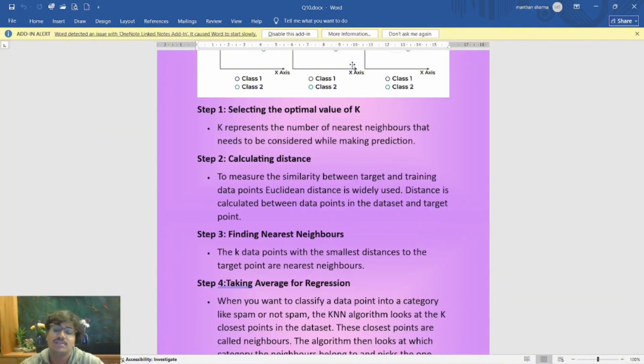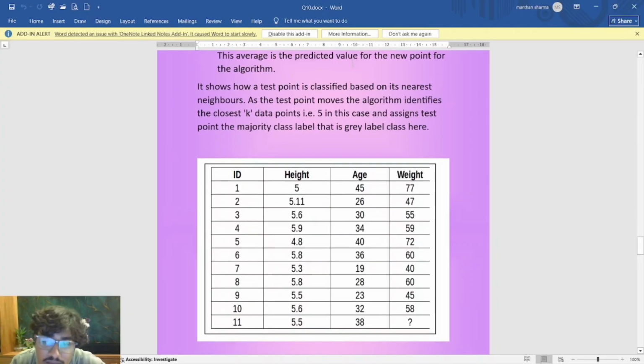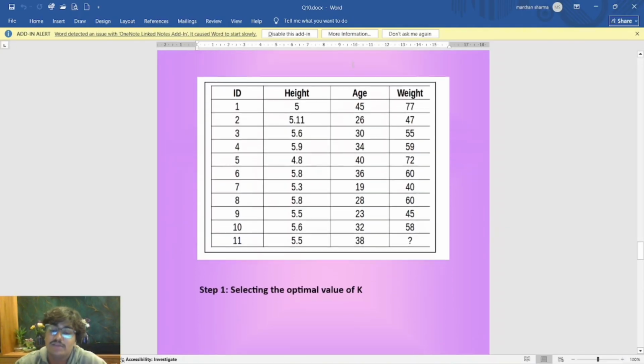Okay, so let's take this example of a numerical table with ID, height, age, and weight. Let's solve the given example where we have height, age, and weight for 10 people. We have a missing weight for ID 11. Height is 5.5 and age is 38 for this person. We will predict their weight using KNN.